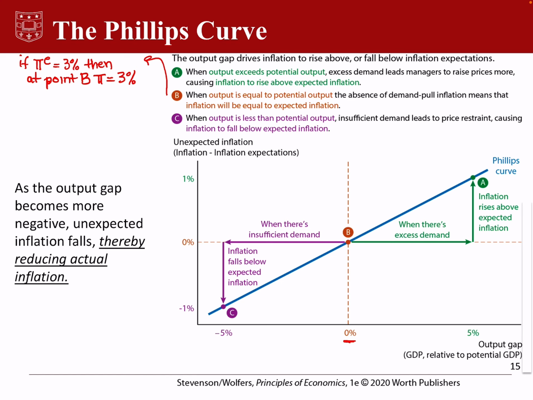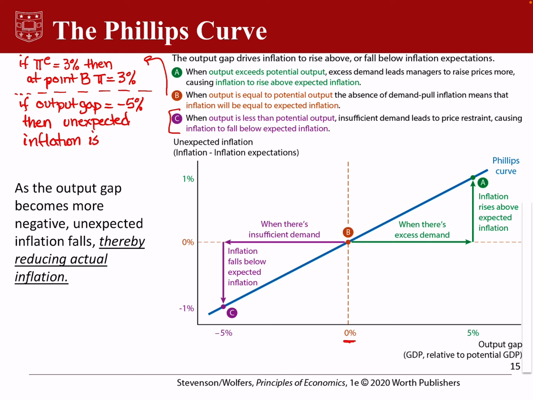And what this picture is telling us is that if we consider point C, if output is less than potential output, so if it is the case that the output gap is negative 5%, then unexpected inflation is negative 1%, right here.